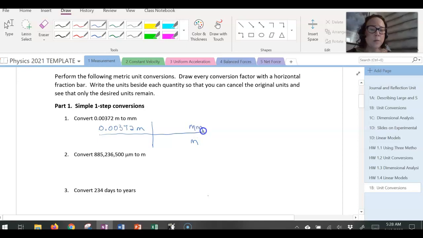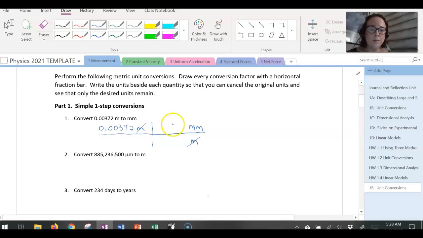So when I set up my conversion factor, I need something that has meters in the bottom so that the units of meters will cancel and I'll be left with millimeters. To set up this conversion factor, I use my understanding of what the prefix milli means. Milli means multiply by 10 to the negative 3.